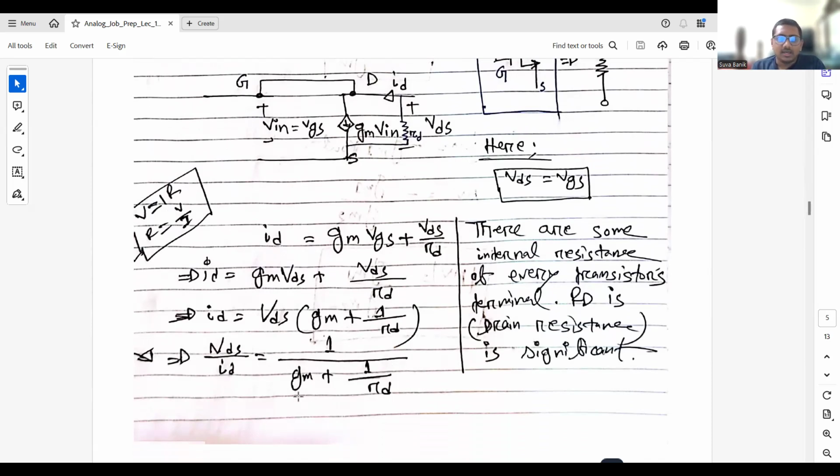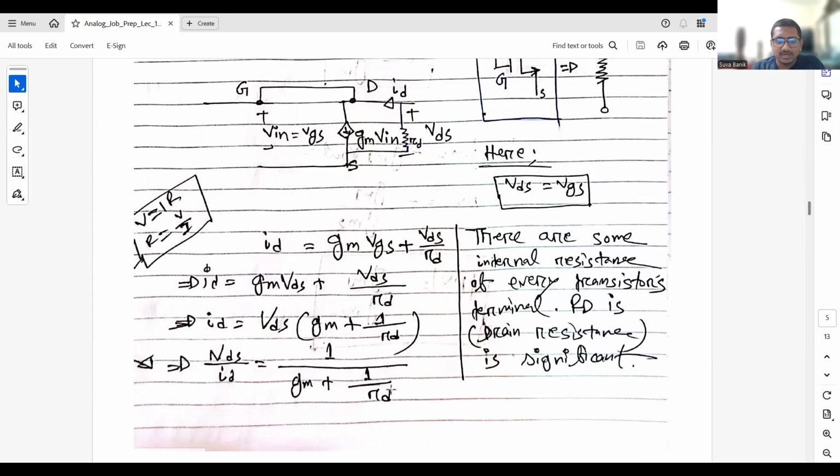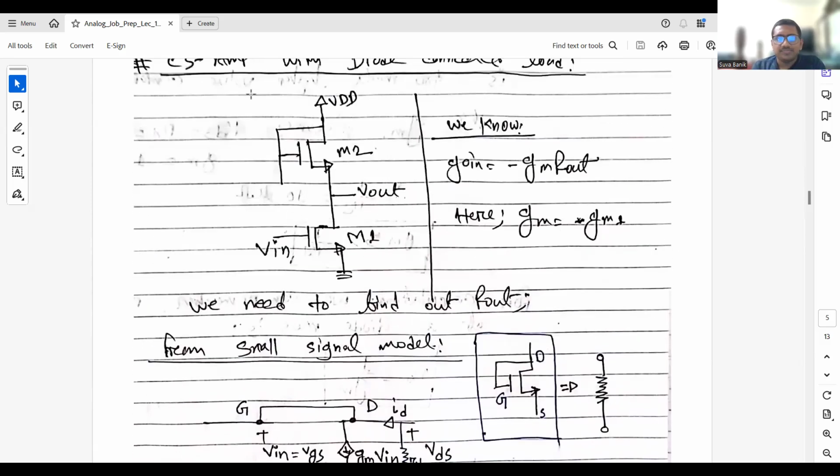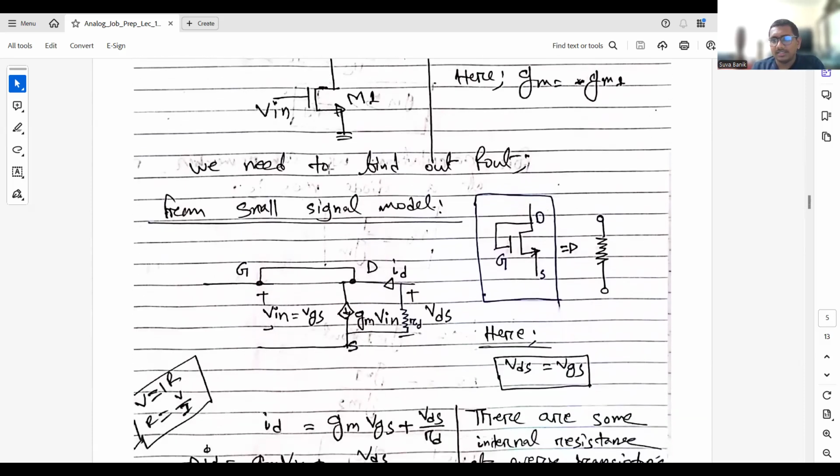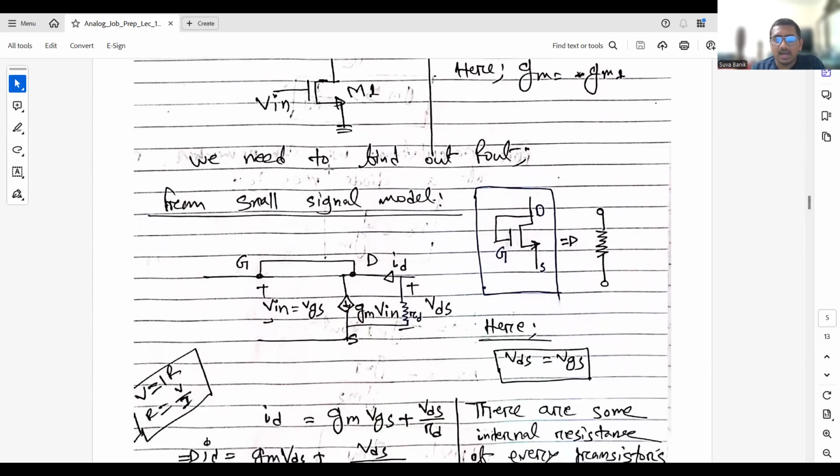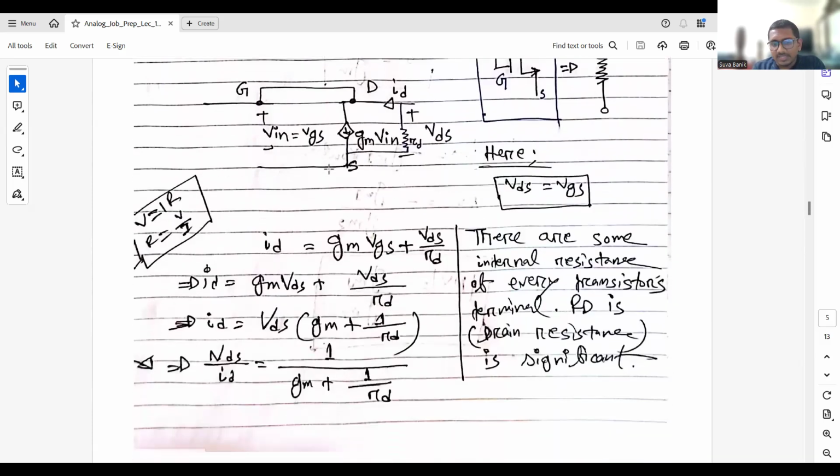Typically, the value of RD, the drain to source resistance of M2, is high compared to this GM. I repeat, the drain to source resistance of a transistor is significantly higher than its GM, its transconductance.